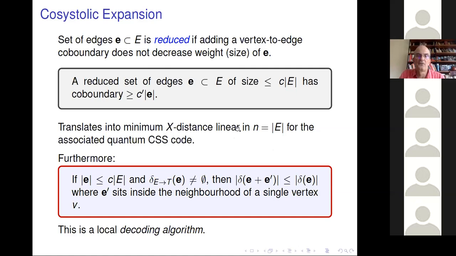Furthermore, what we did in this recent work is show that it has the further property below, which is if you take a chain which is small enough, then you can always reduce its co-boundary by adding to it a small set of edges that sits inside the neighborhood of a single vertex.